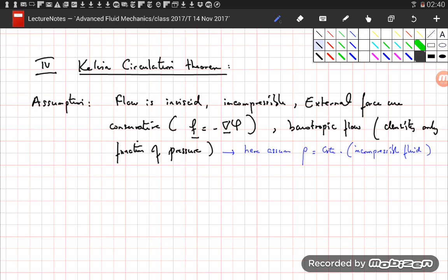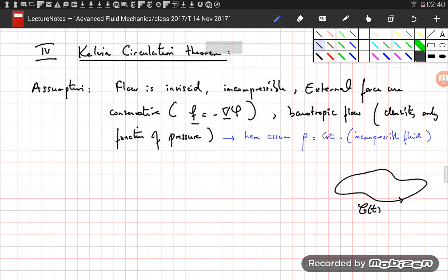Okay, now let me first state Kelvin's circulation theorem. So let's assume that we have a closed contour C. But now it's not just any contour. This closed contour C is a material contour. That means that the contour is moving with the flow.